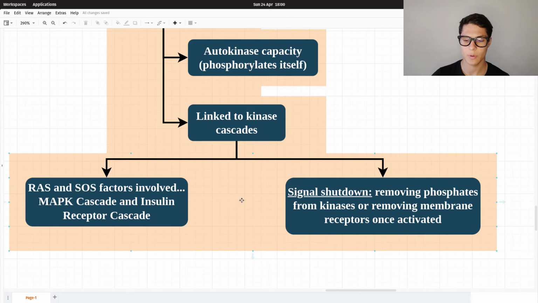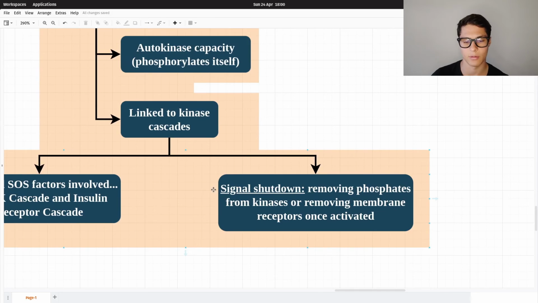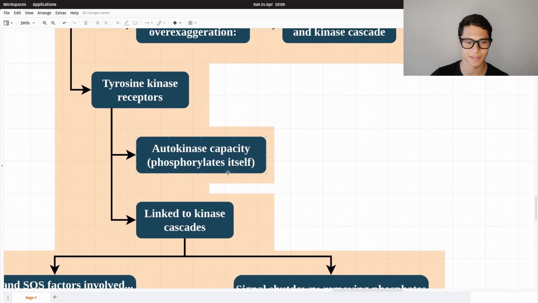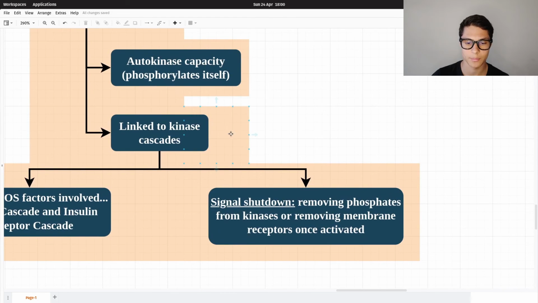At the same time, we need something to shut down those cascades, because when you create a kinase cascade, for example, it's not going to stop itself, especially in tyrosine kinase receptors, because they have the capacity to phosphorylate themselves. They're not going to stop.